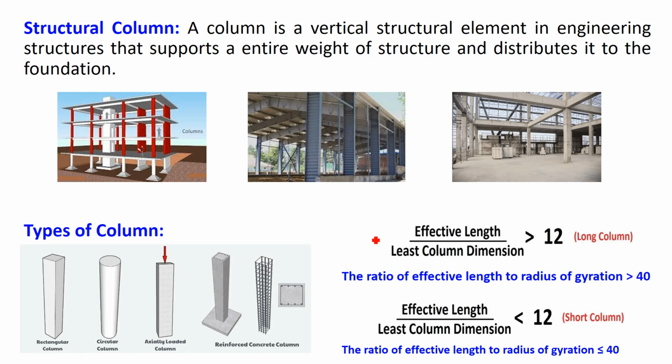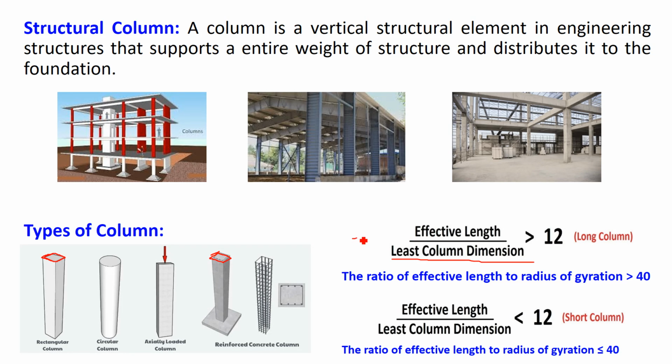It depends on the ratio of the effective length of the column to its least lateral dimension. Okay, a column has cross-sectional dimensions, this is width and depth. Two dimensions the column has. So out of width and depth, whichever is smaller is called the least column dimension.